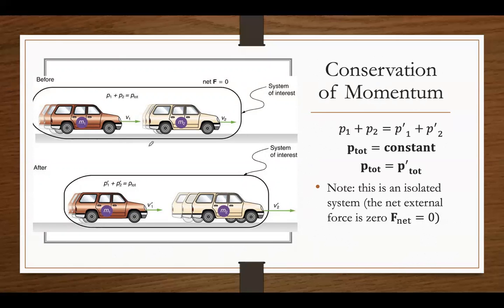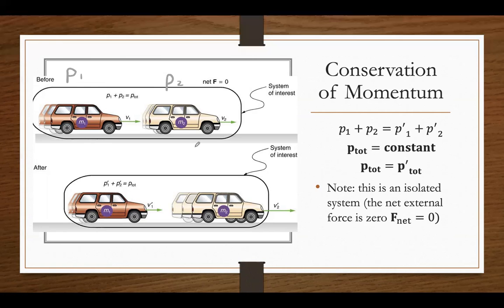So let me go through this real quick. Okay, so we have a system of interest here. We have two cars, and we have the momentum of the first vehicle. We're going to call that P1. Then we have the momentum of the second vehicle.